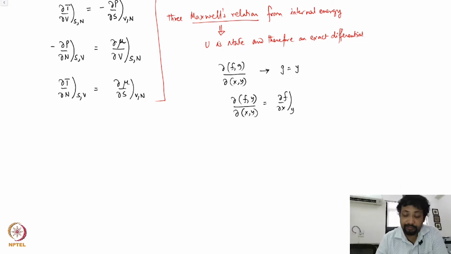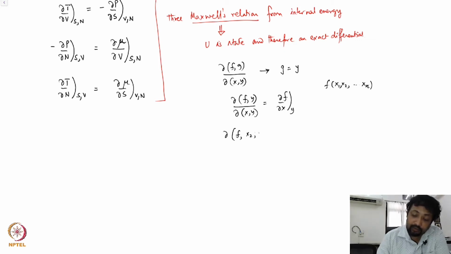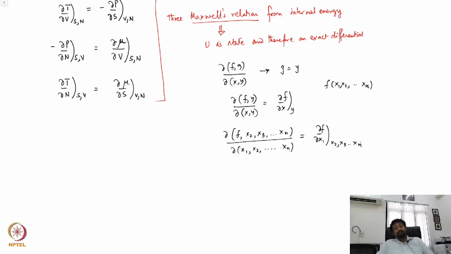In principle, it can be a function of n variables, which means the generalization of this would be, if f is a function of x1, x2, all the way up to xn, then del of f comma x2, x3, up to xn, del of x1, x2, all the way up to xn is equivalently del f, del x1, with x2, x3 and xn being held fixed.